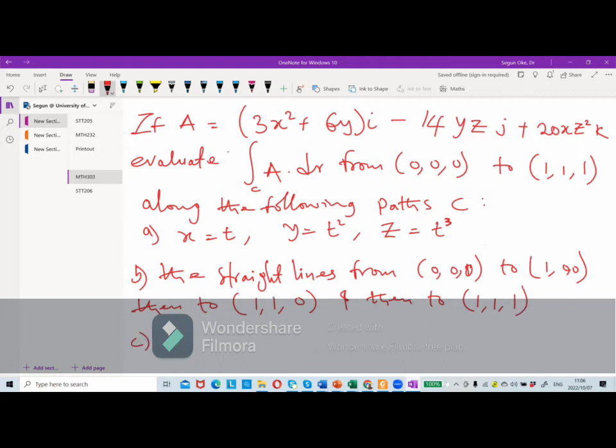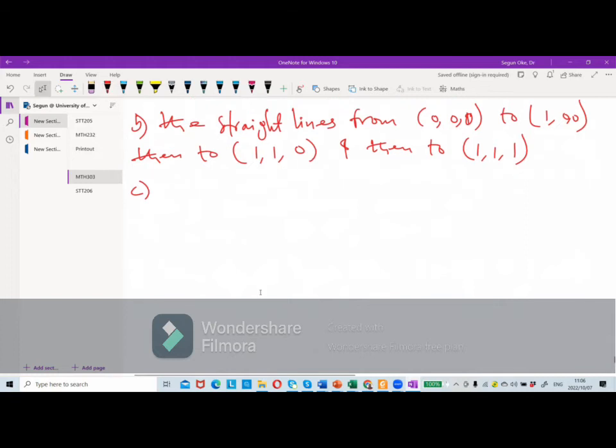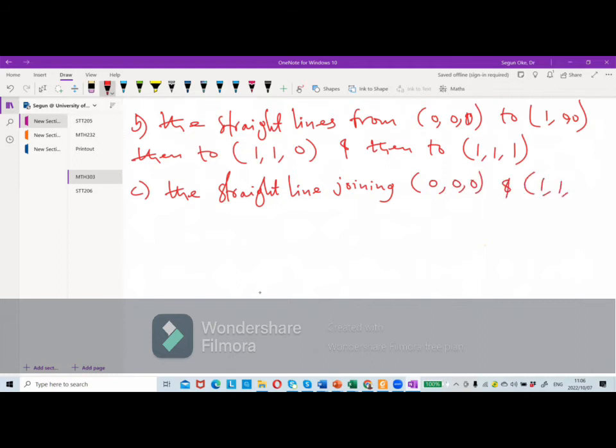C is the straight line joining (0, 0, 0) and (1, 1, 1). So we have the integral over C of A dot dr.